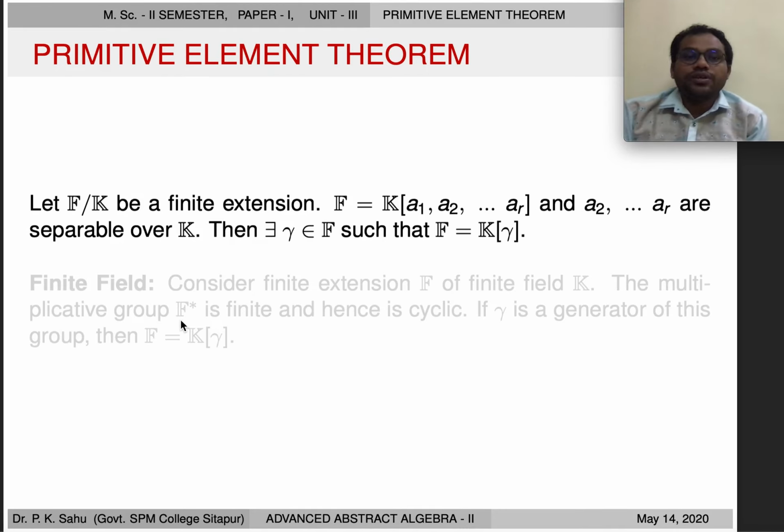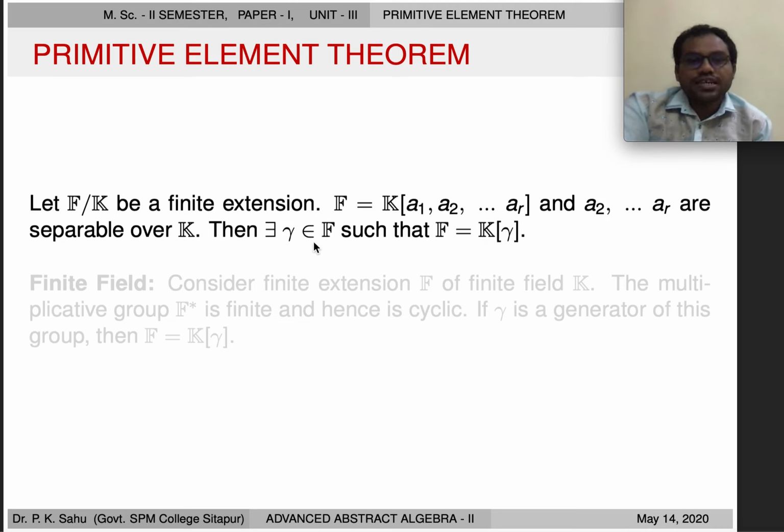So what is given? Let's say we have given a finite extension F over K and F is obtained by adjoining a1, a2, all the way to ar to field K, and here a2, a3, all the way to ar are separable over K. Notice here that we are not talking about a1, so a1 may or may not be separable.